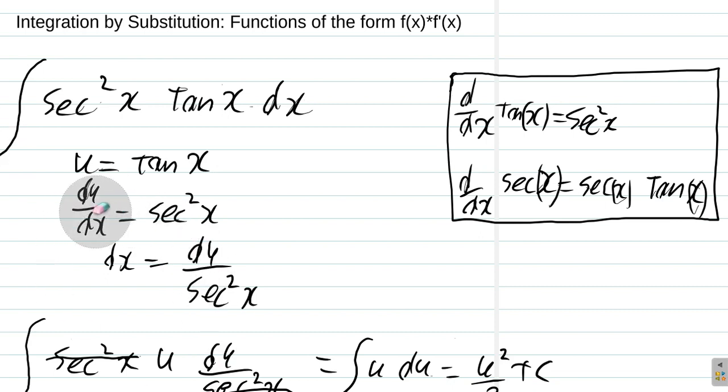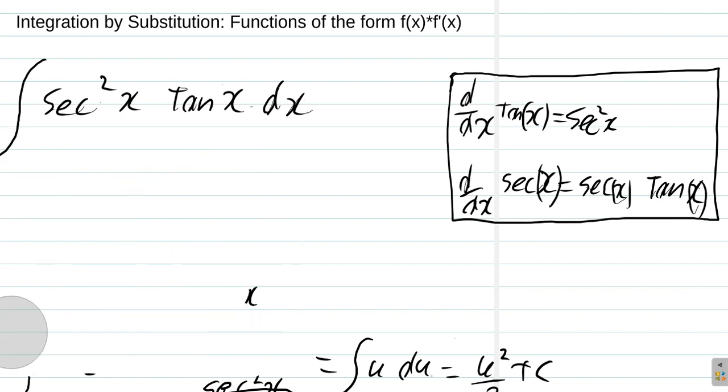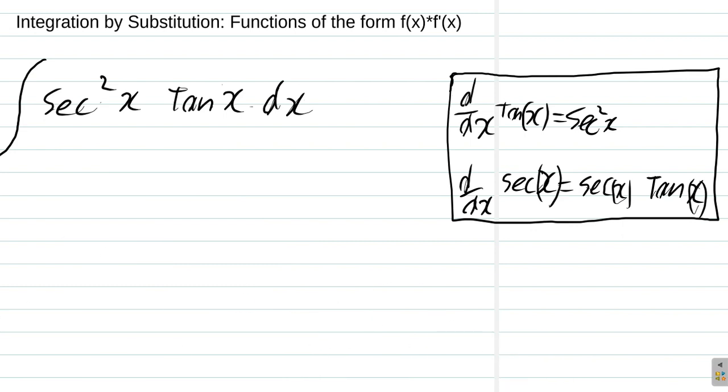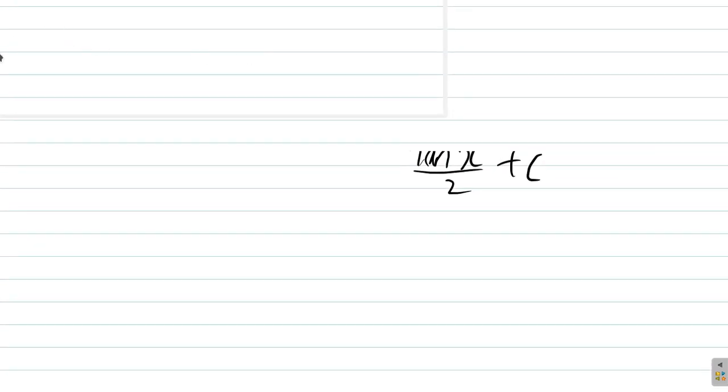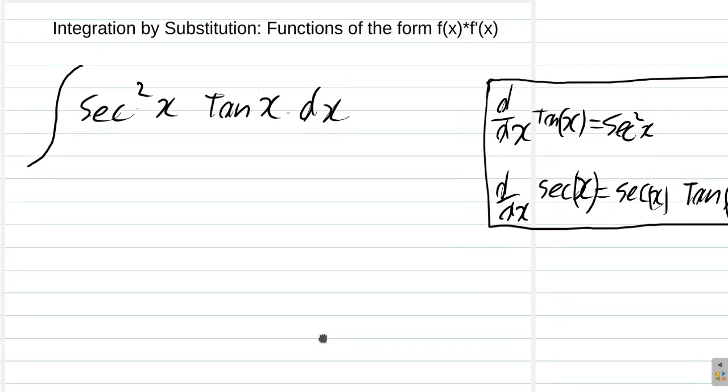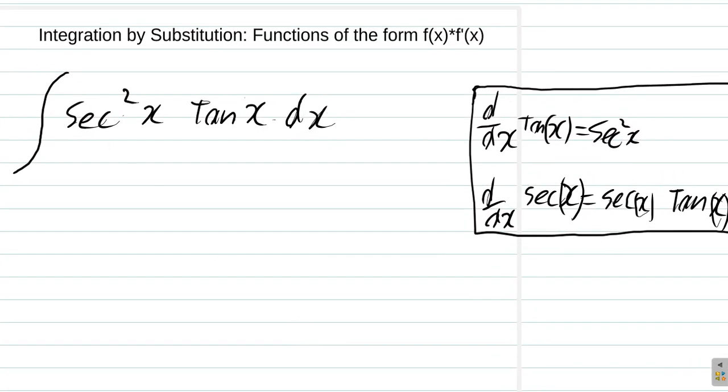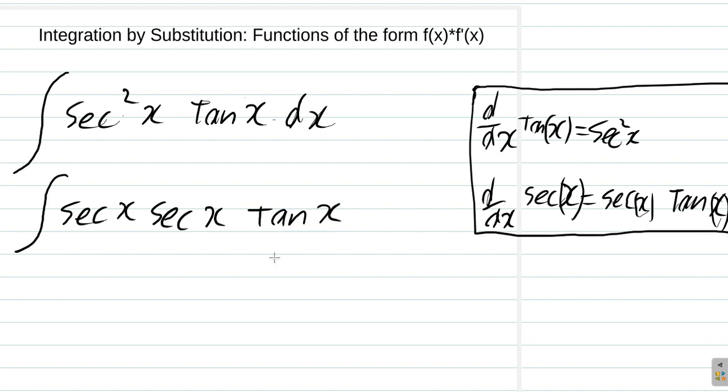Let's erase the working we had before, and what we have down here as well. Now, what we can do is rewrite this as sec x tan x. Alright?